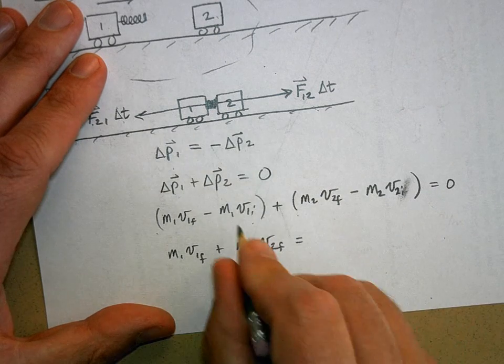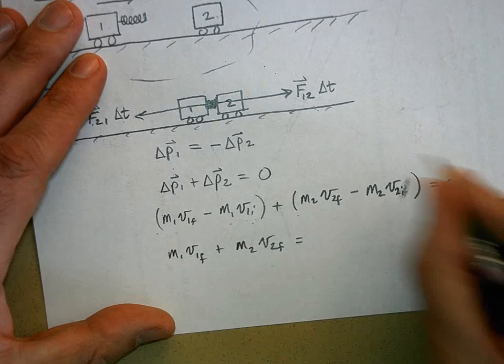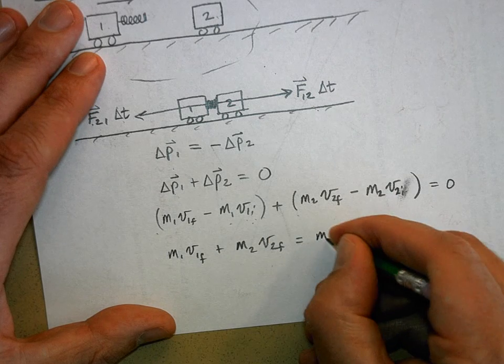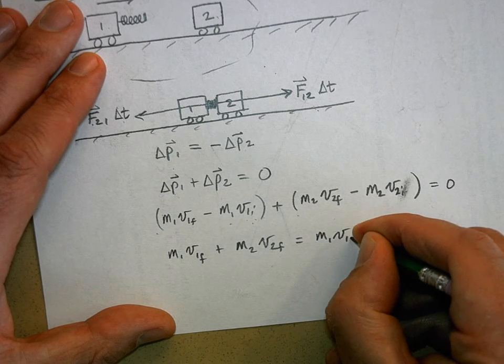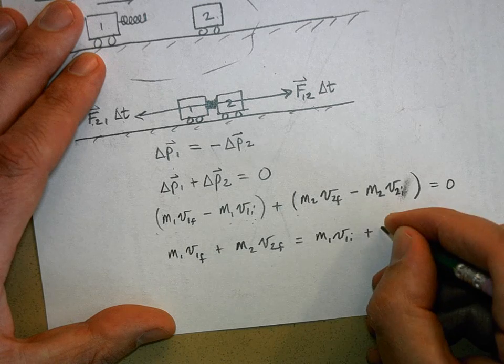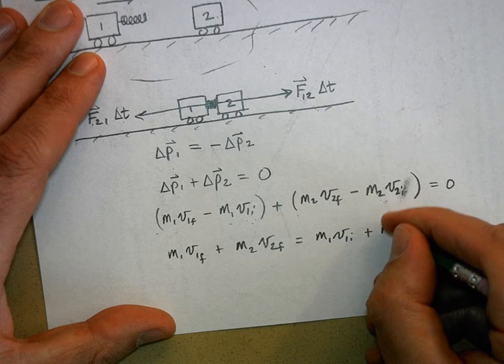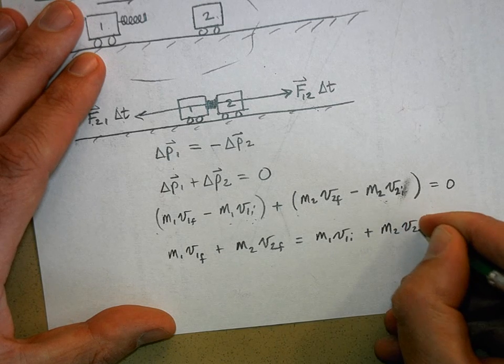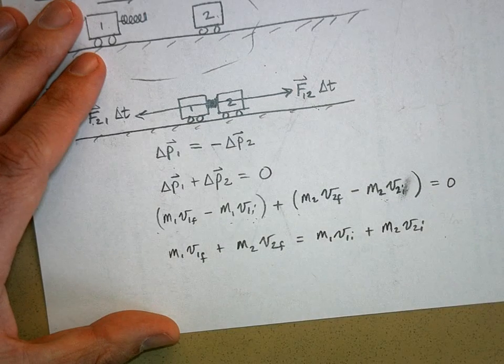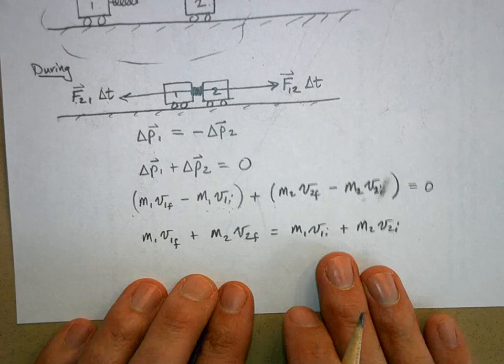Now add M1 V1 initial to the other side, and then add this one to the other side. And this is an equation I can use to solve a problem.